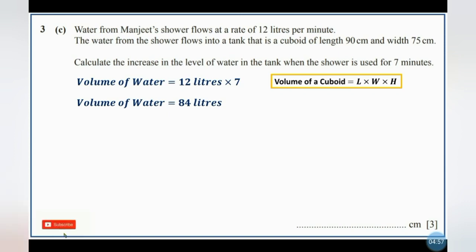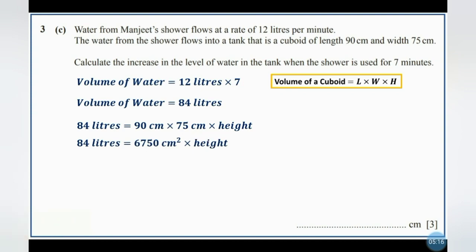You know already the length, the width, and the volume of the water that will flow into the tank. So you just need to substitute that, and 90 times 75 is equivalent to 6,750 centimeters squared.